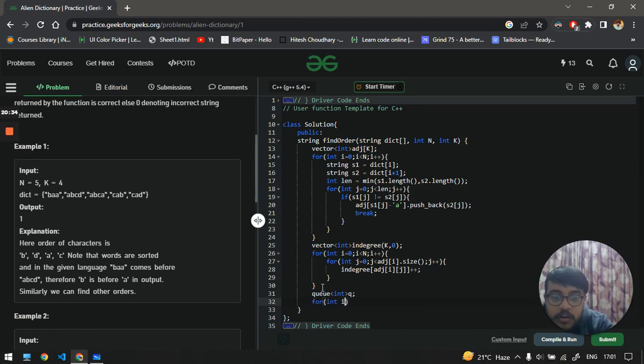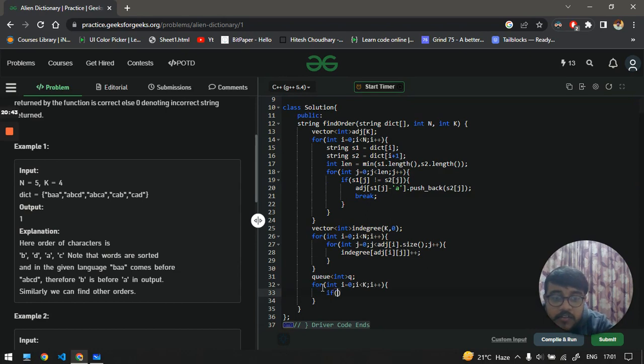For int i equals 0, i less than k, i plus plus, I'll check if in degree of i equals 0, then I'll q push i. And let me just make the string answer like this.